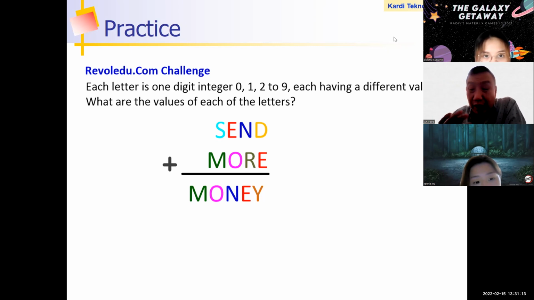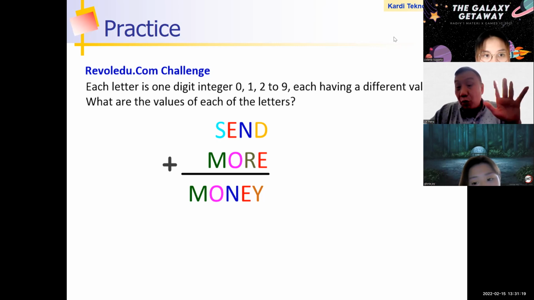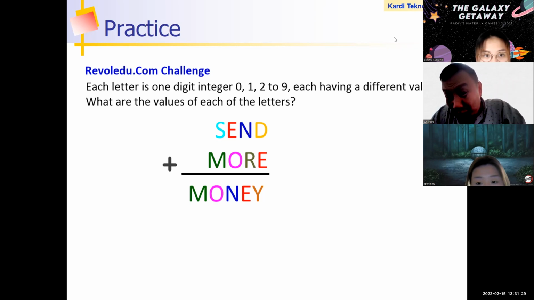So there are many ways to solve this problem, okay? So one way is to create a permutation. For each letter, you permute 0 to 9. Wow, you will have a lot of combinations, isn't it?